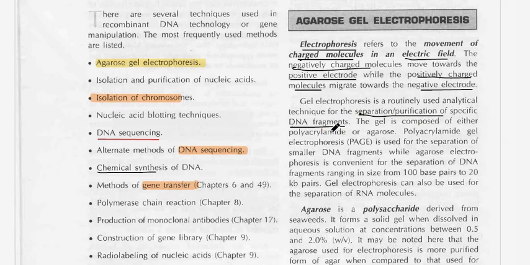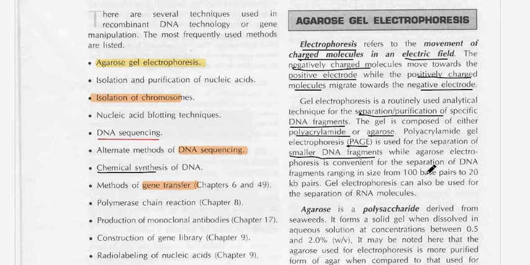The gel is made up of polyacrylamide or agarose, and the polyacrylamide gel is known as PAGE in short, which is used for separation of smaller DNA fragments. The smaller DNA fragments will migrate further, to the far distance in the gel picture, while the bigger ones remain at the top.